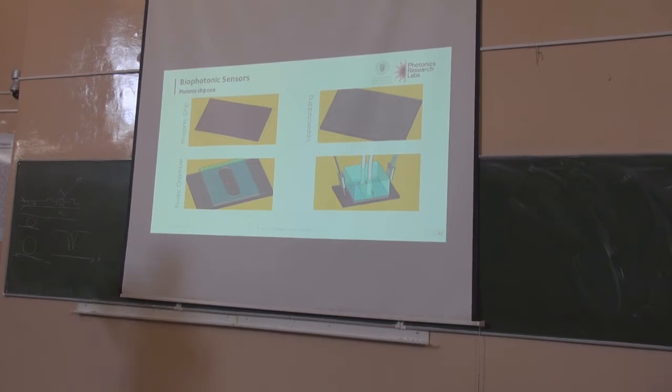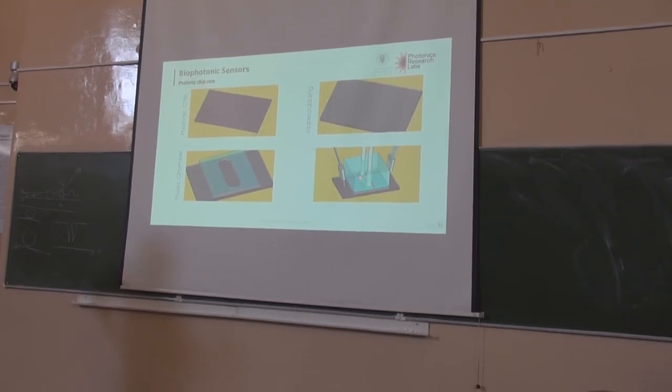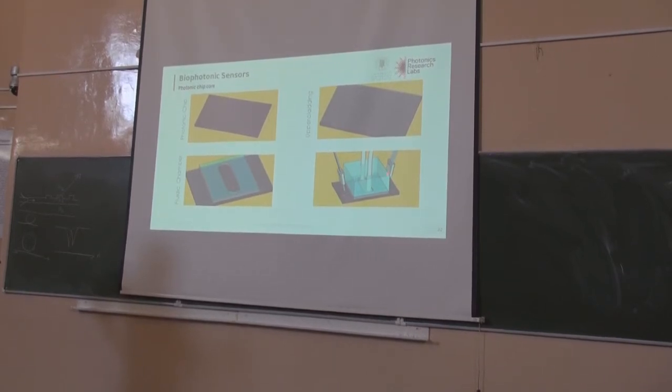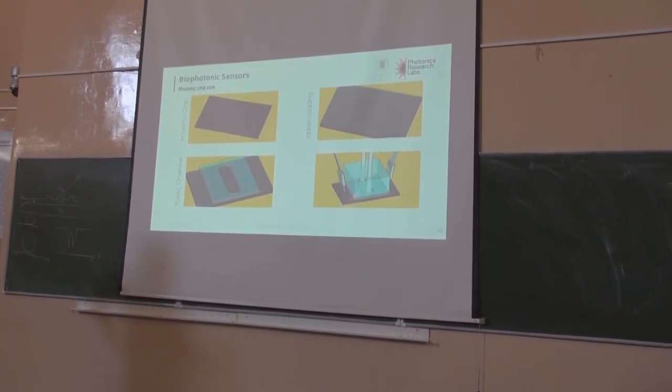Later on we'll see another artistic representation. And on top of that you have a fluidic chamber, and on top of the fluidic chamber you have some pipes and tubes for the microfluidics to flow on top of the chip. And then you have the optical fibers to take light in and out of the chip. So basically you flow your substances through the chip and you inject light through the substances.